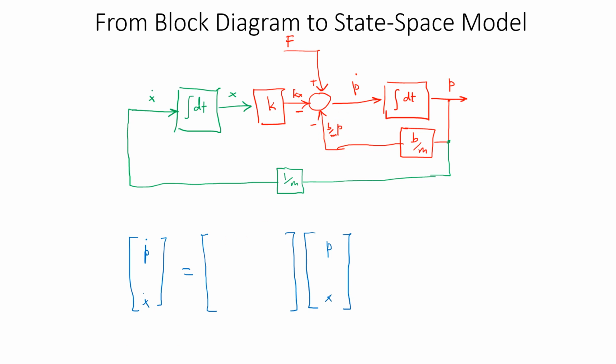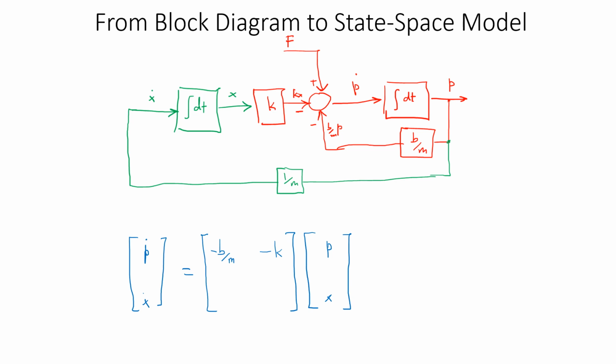So that is going to be minus b over m placed. P is multiplied, but that is already available in the vector p and x. The second term which is available is that coming in from the other state, x multiplied with k, which is equal to kx, and that is also with a negative sign. So you can see minus k indicated over here.